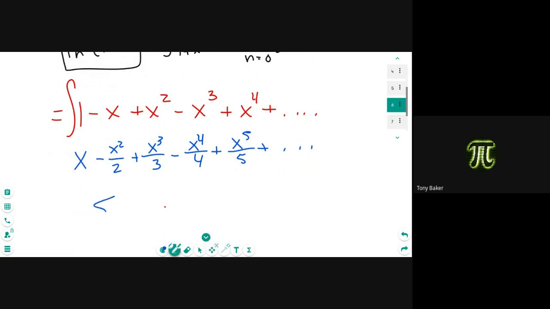So if I was going to write that as a summation, what is the summation? So negative 1 to the n.